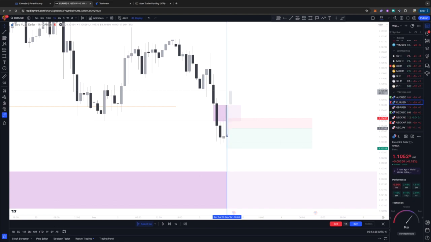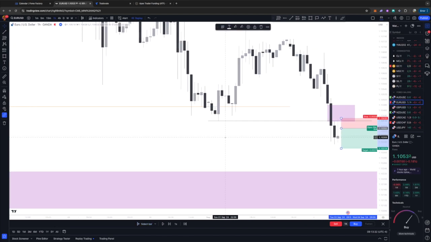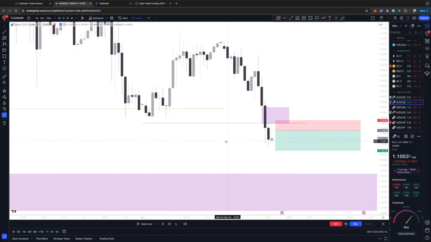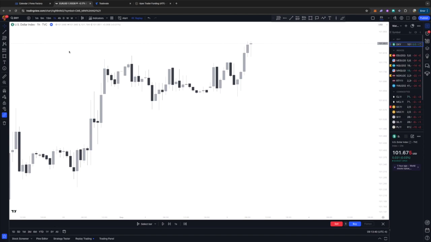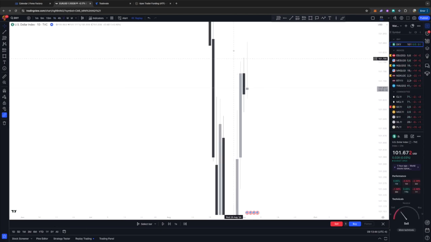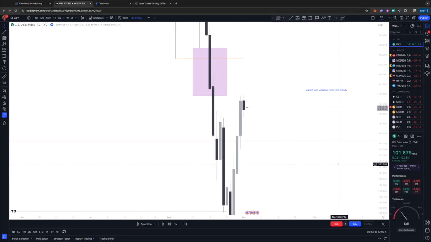Because you don't know whether it's going to keep on going down, despite it did make this good overlap. However, with no news, with the dollar also potentially hitting its previous day high here, that upward movement could be stopped.